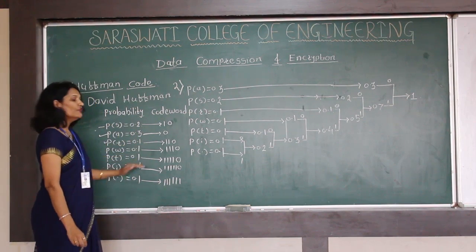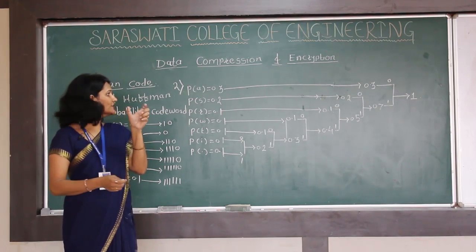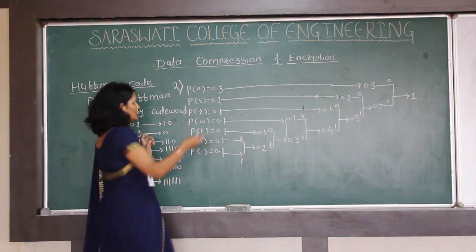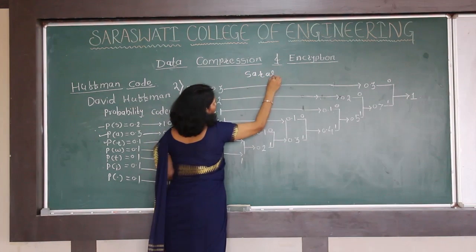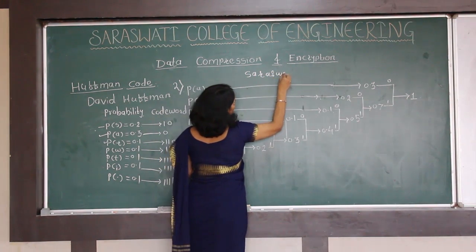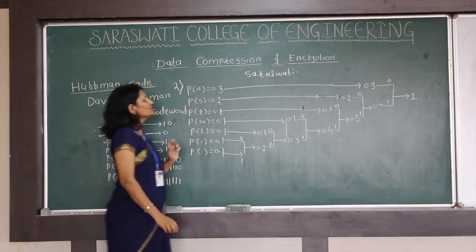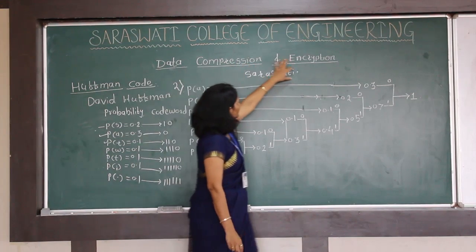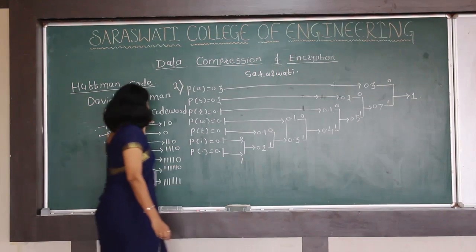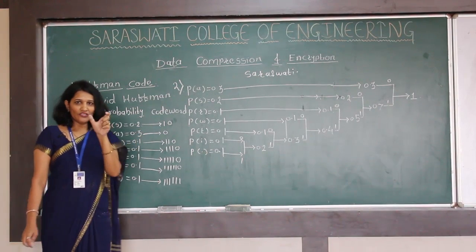In this way, we calculate the code for the text Saraswati, and at last there is a full stop. The text is Saraswati, and at last I have taken here a full stop. For this text we have to send this code word during transmission of information.